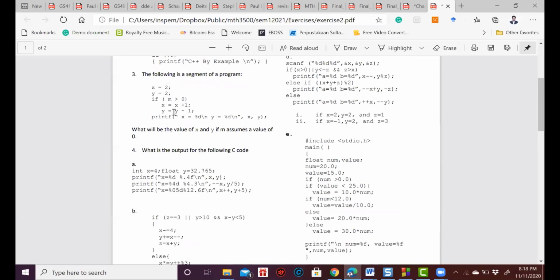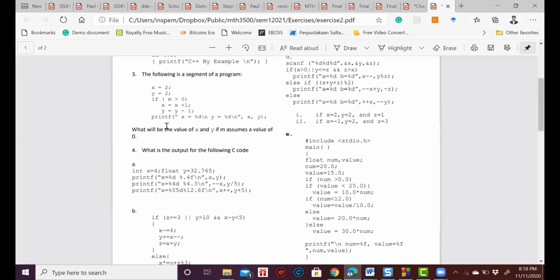This one is if M greater than 0, but the question is if M equals 0. So is 0 greater than 0? No, that means false. False means this one we do not execute. We skip this and go to the next, which is Y.